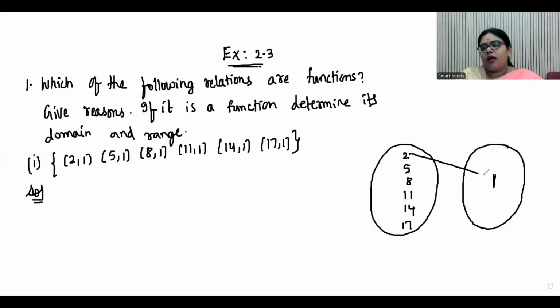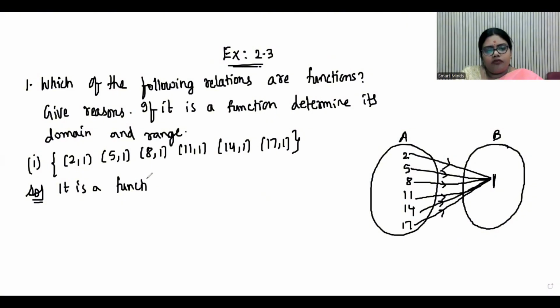So 2 is mapped to 1, 5 is mapped to 1, 8 is mapped to 1, 11 is mapped to 1, 14 is mapped to 1, 17 is mapped to 1. You can put the directions as well. This is A set and this is B set. So you can see all the elements have a mapping. Okay, so it is a function.